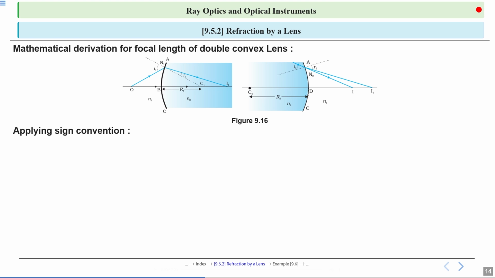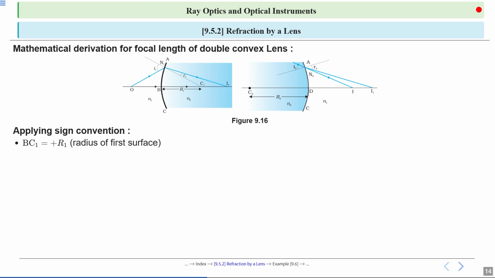Now applying sign conventions. For BC1, incident light is coming from left to right. We are measuring this radius of curvature R1 from B towards C1, in the direction of incident light, so it will be taken as positive.